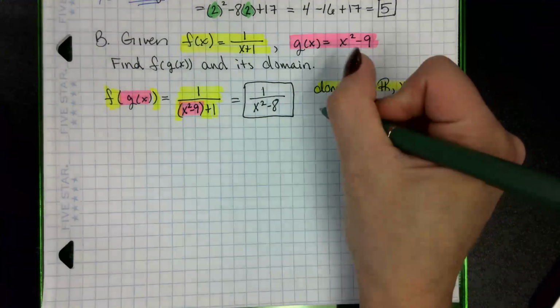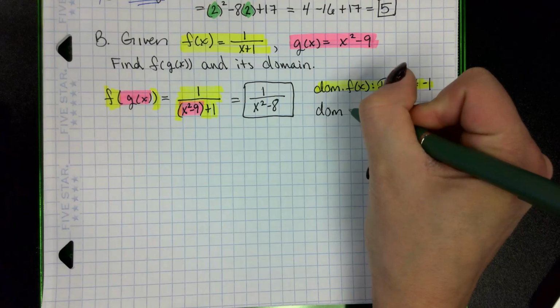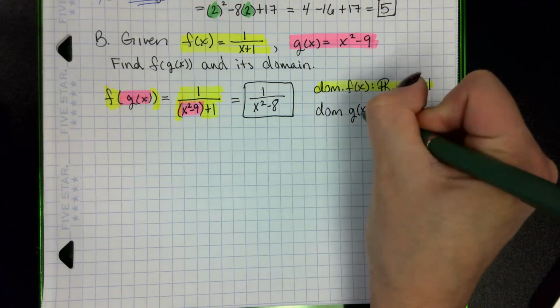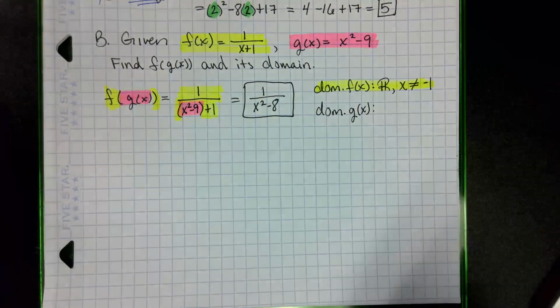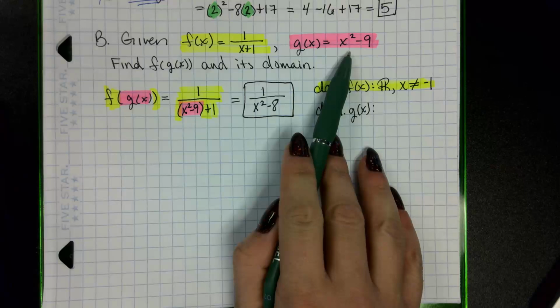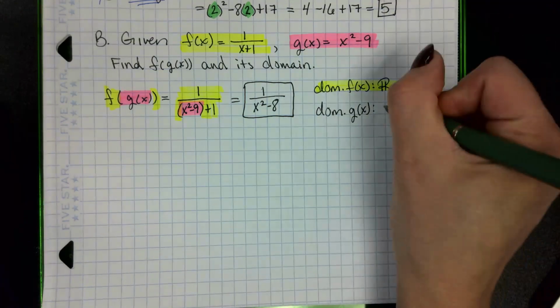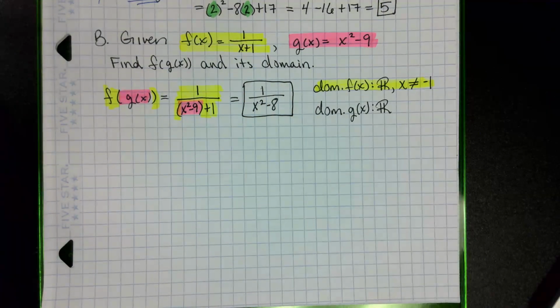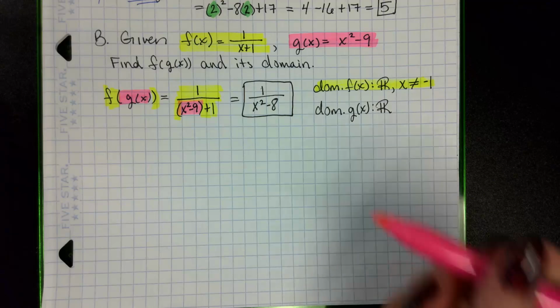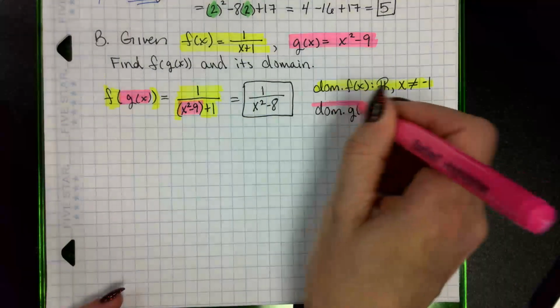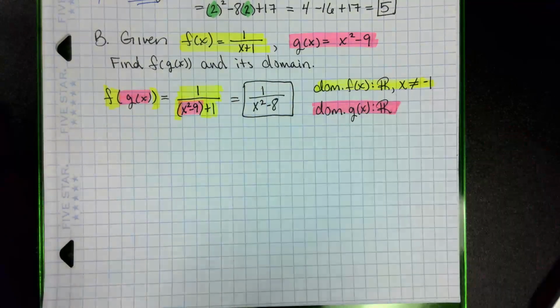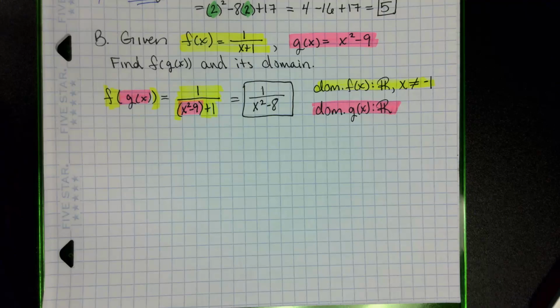And then we look at the domain of g of x. It's x squared minus 9. What is the domain of x squared minus 9? All real numbers. It's just a quadratic. No restrictions. And then we also have to look at the new denominator.